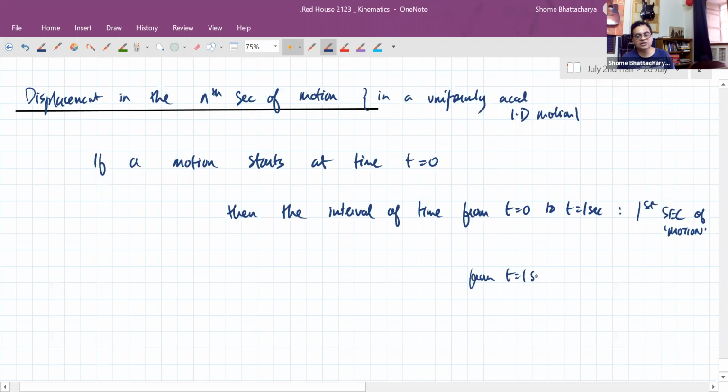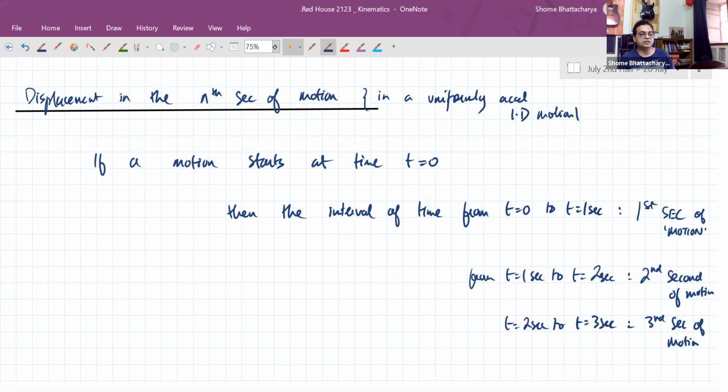Similarly, from t equal to 1 second to t equal to 2 seconds, that's again a 1 second interval, but it's the second second of motion. Okay. Similarly, from t equal to 2 seconds to t equal to 3 seconds, this is the third second of motion.